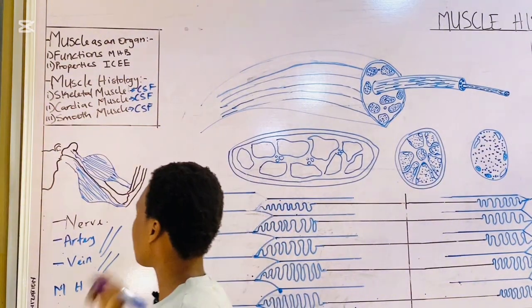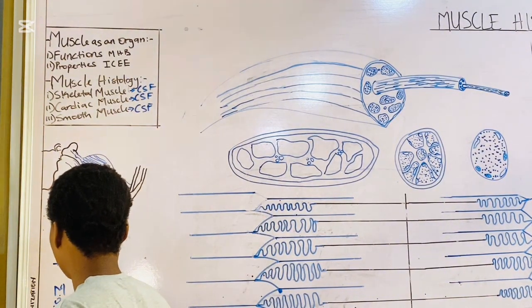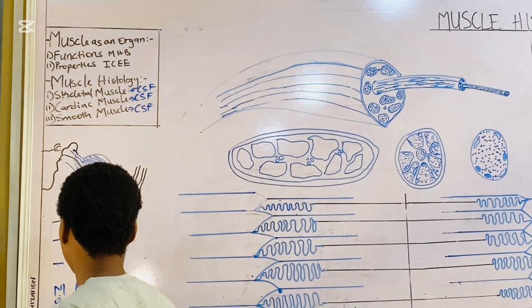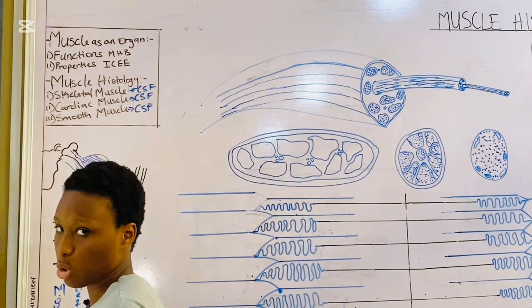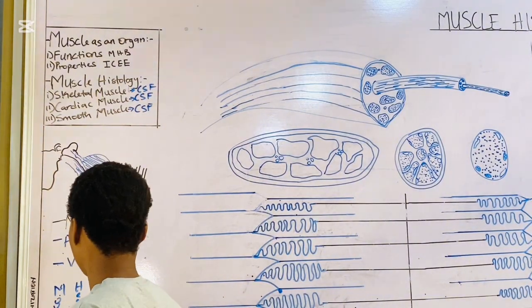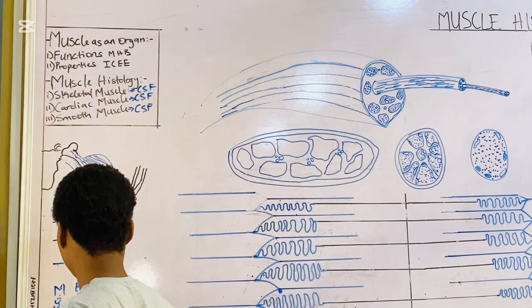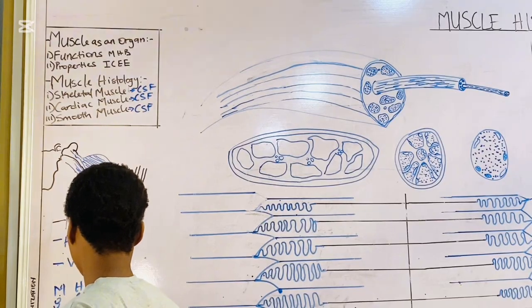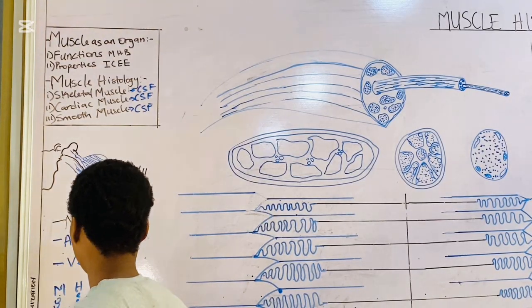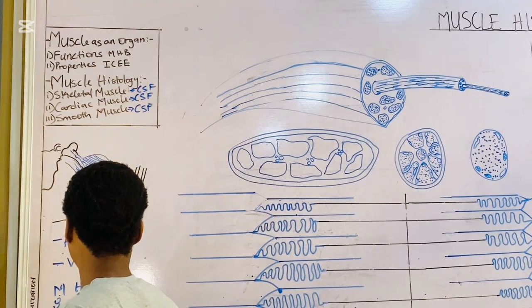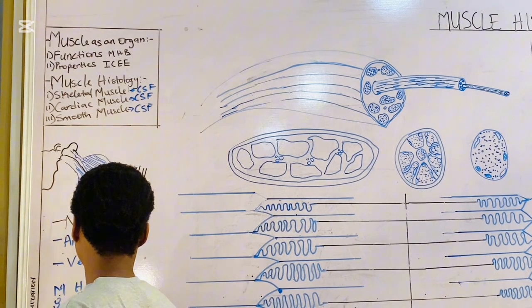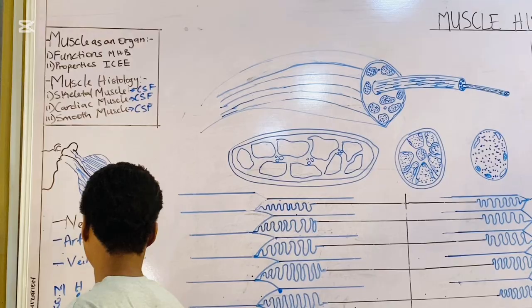So the M stands for movement. The H stands for heat production. Hot, my hot body. And the B stands for body posture maintenance.